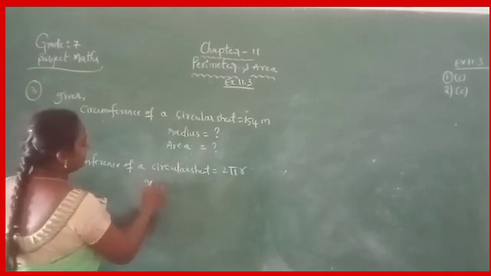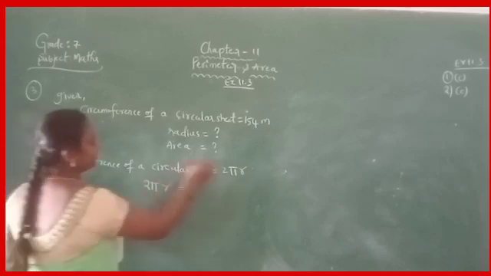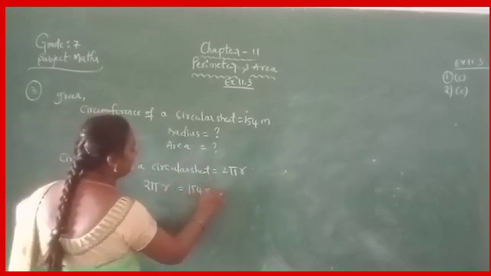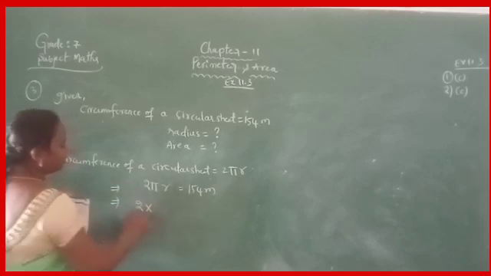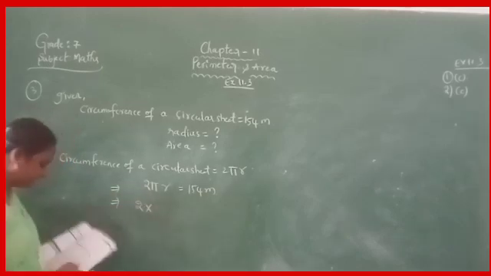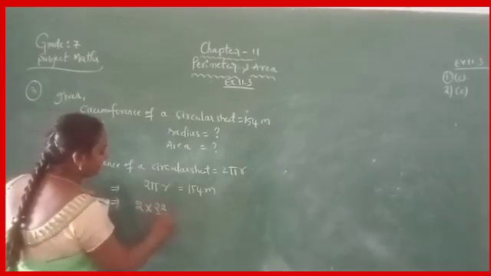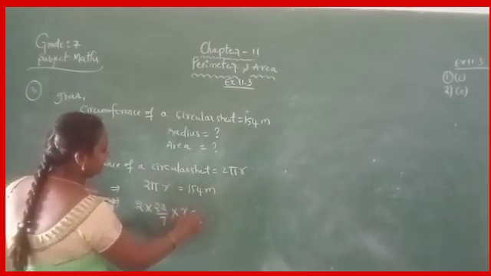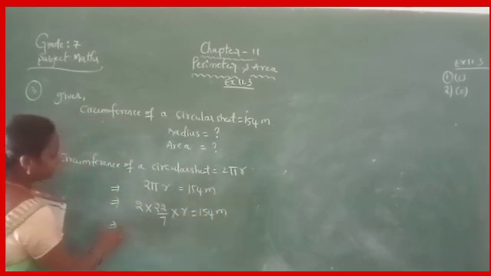Substitute here: the total length is 154 meters. Now 2 into the value of pi, which is 22 by 7, into radius is equal to 154 meters. We need the radius.